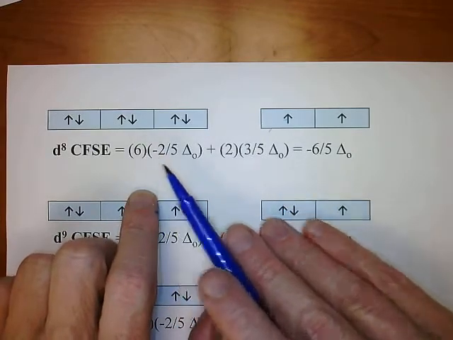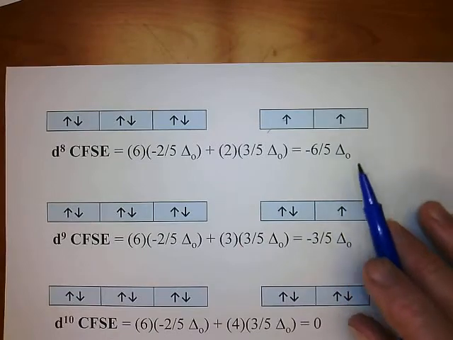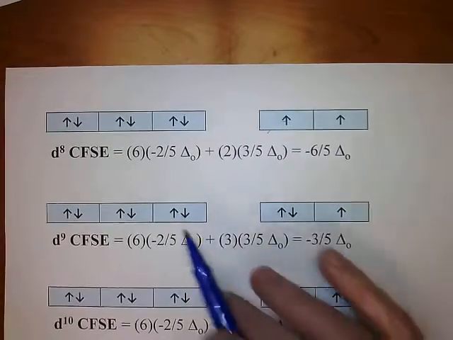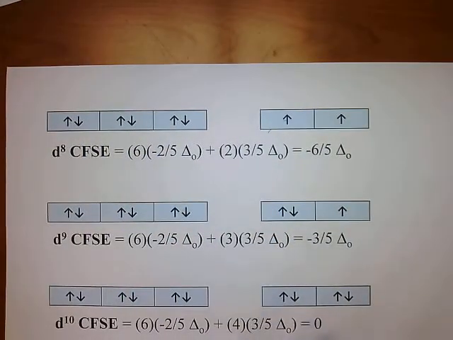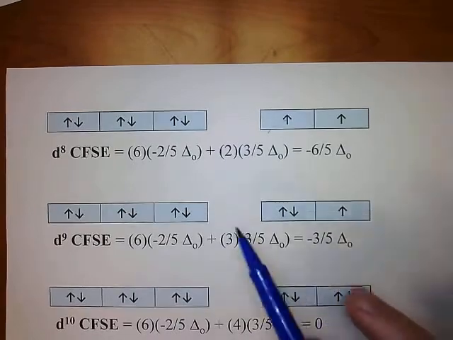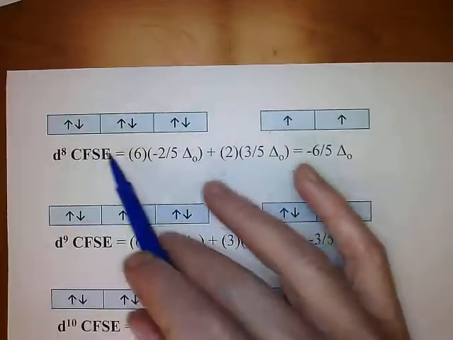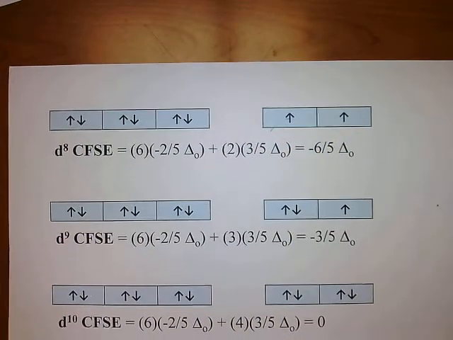So what? Minus 12/5 plus 6/5 is minus 6/5. And we don't have to supply any pairing energy because these would have been paired in the absence of splitting. If you write it out following Hund's rule, you'd still have to have 3 pairs of electrons. So we don't have to supply pairing energy.